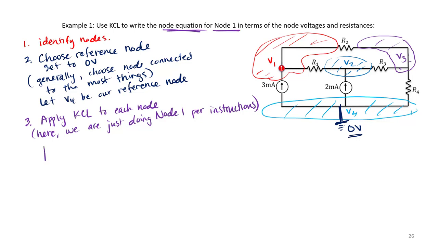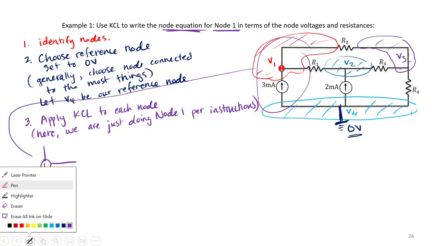So if we take a look at node 1, let's see what's going in and out of node 1. Notice we have a 3 milliamp current entering from the bottom due to that current source.